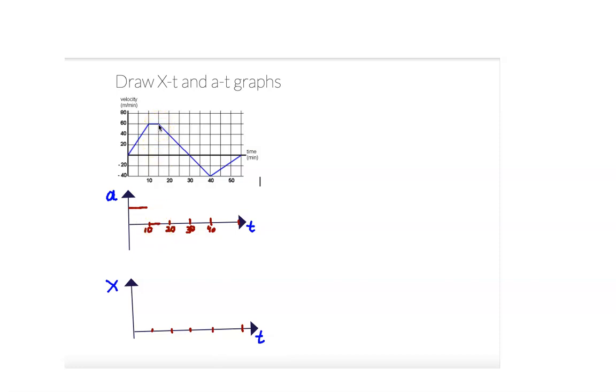From 15 minutes to 40 minutes, I have a negative acceleration, which is shown in a negative slope right here, and it's a constant negative acceleration. So it looks like the slopes have the same magnitude. So I would show the same value but negative as the horizontal line.